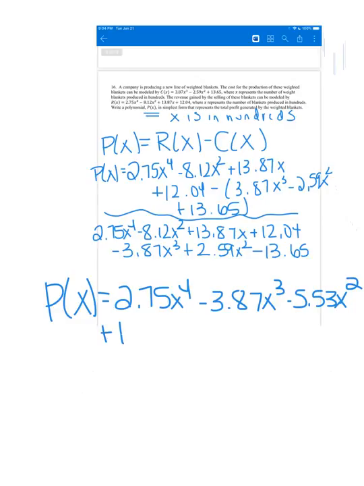Plus 13.87 x minus 1.61. Okay? So what that hundredths thing means is if you're looking for the profit, if you make 600 blankets, you would only plug in 6 because the x value is in hundreds.